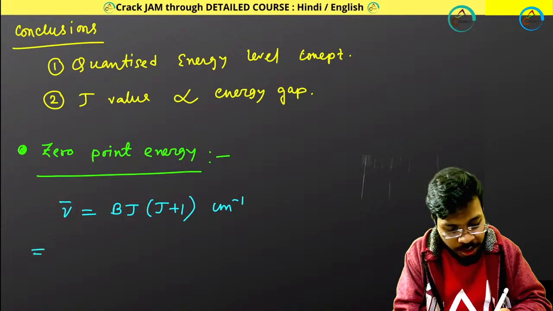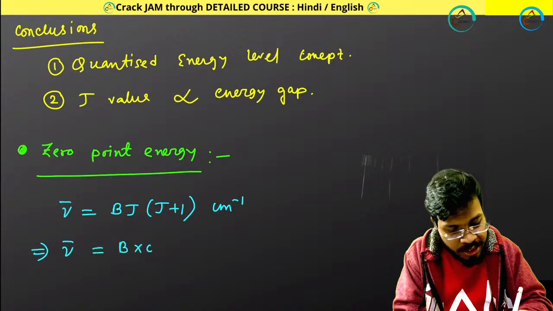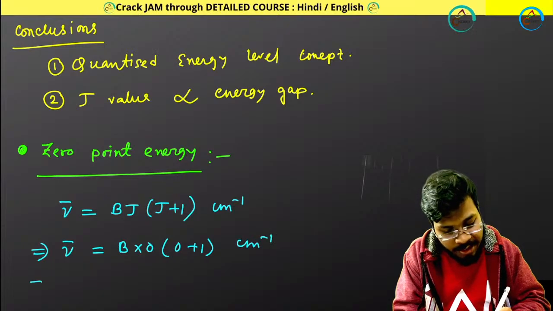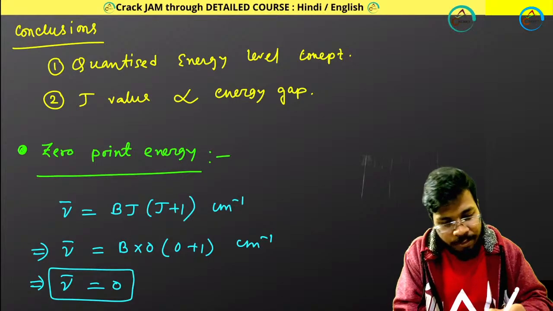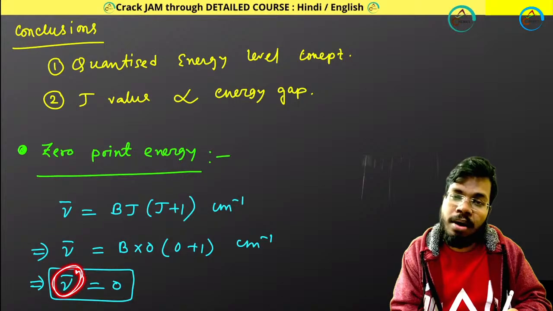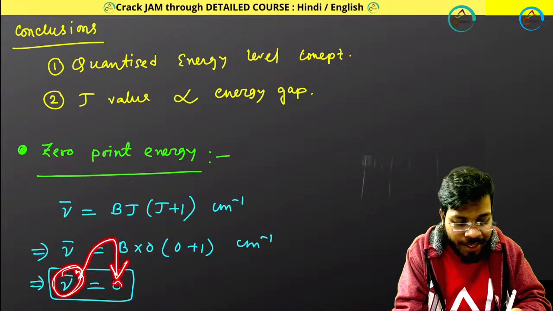If you put this, nu bar will be b into 0 plus 1 centimeter inverse. That means your nu bar becomes 0. Nu bar means energy in terms of spectroscopy, in terms of wave number. So if you represent your energy through nu bar, you are getting 0 value.